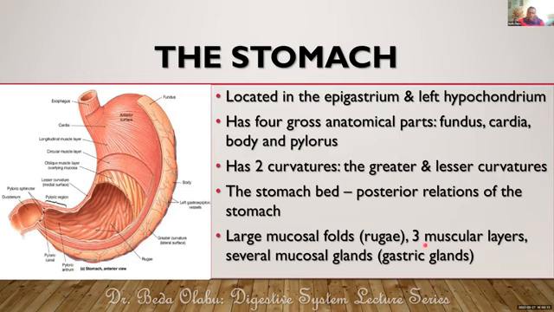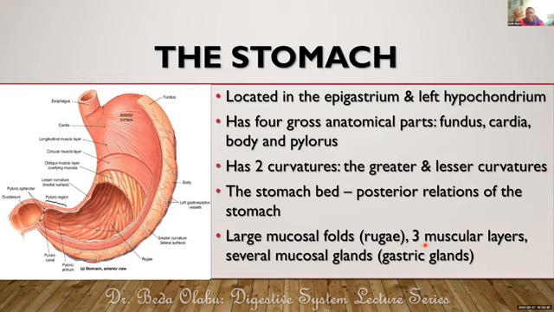We've mentioned in the previous part that the muscular layer of the GIT wall consists of two layers, basically the inner circular and the outer longitudinal layer. However, in the stomach, that is different. Instead of having two layers of muscles in the muscularis propria, the stomach has three layers of muscles in the muscularis propria.